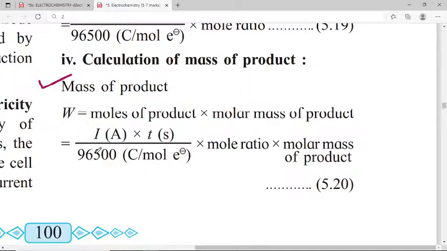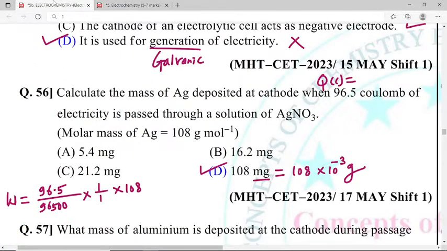Coulomb divided by 96500 multiply by mole ratio multiply by molar mass. Get it? Very, very important, CET 2023. Okay, now start the next question.